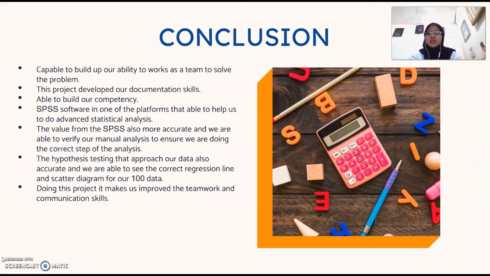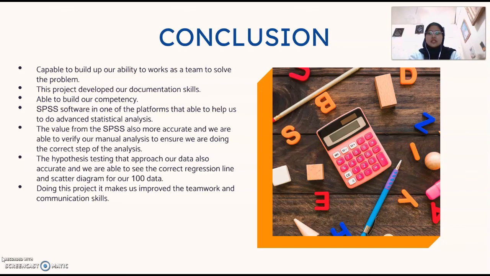Moreover, SPSS software is one of the platforms that can help us do advanced statistical analysis. It is easy to use and scalable for users of all skill levels. The values from SPSS are also more accurate and let us verify our manual analysis to ensure we are doing the correct steps of the analysis.